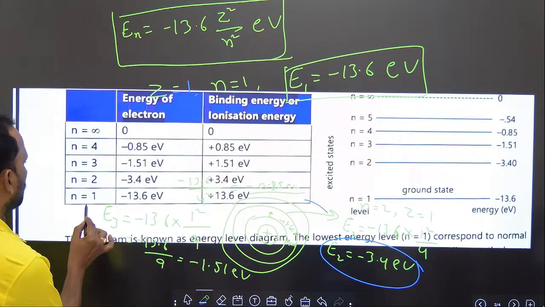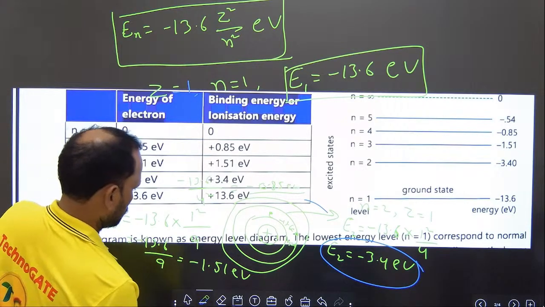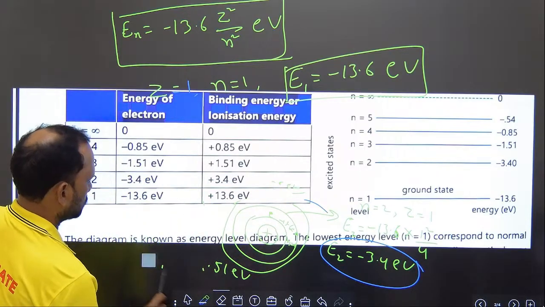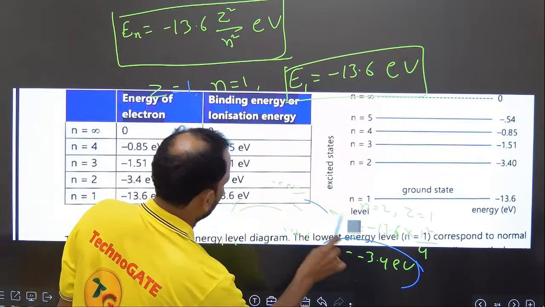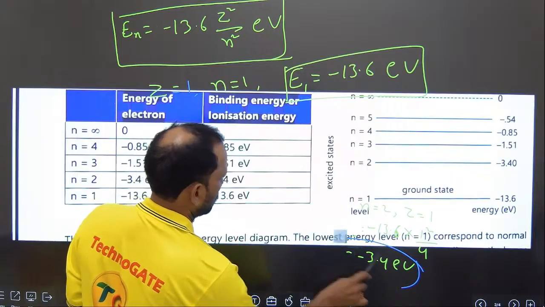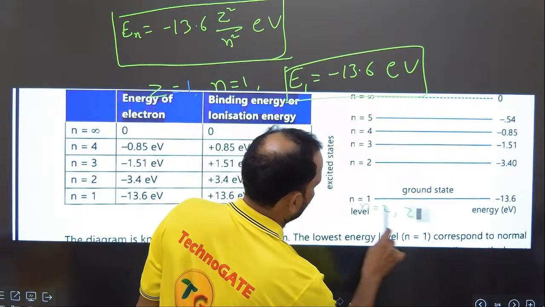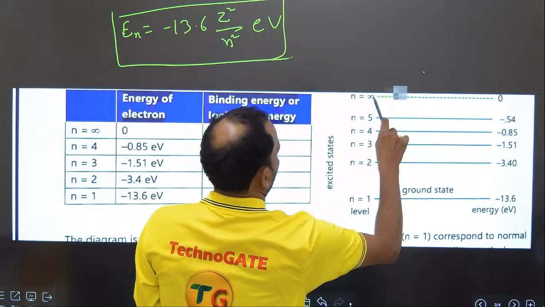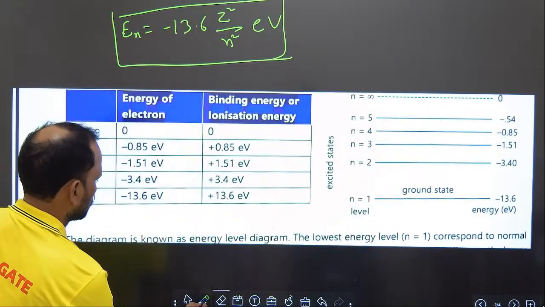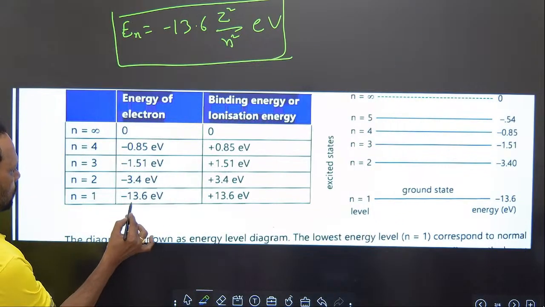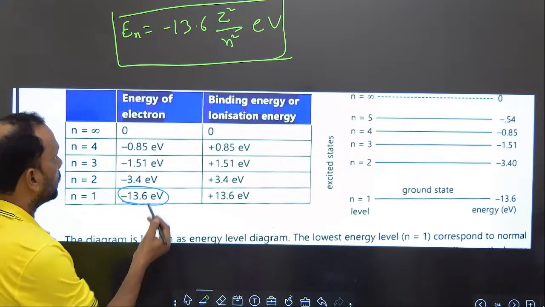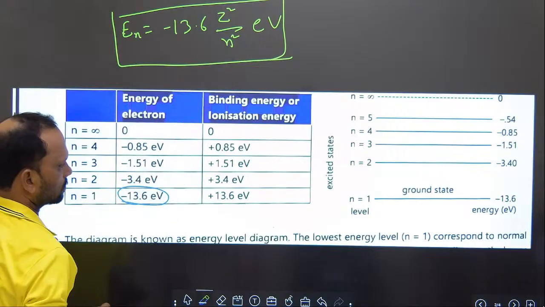Now in the first orbit, we'll get minus 13.6 electron volts by substituting this equation.